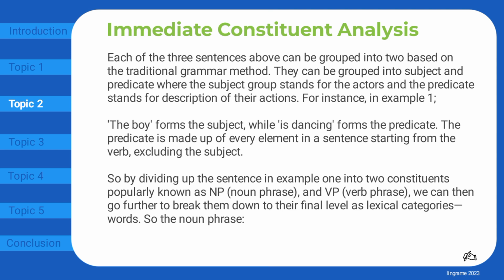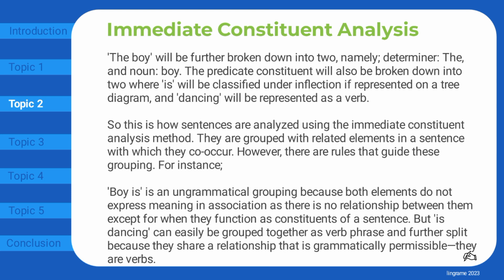So by dividing up the sentence in example 1 into 2 constituents popularly known as NP, noun phrase, and VP, verb phrase, we can then go further to break them down to their final level as lexical categories, words. So the noun phrase, the boy, will be further broken down into 2, namely, determiner, the, and noun, boy.